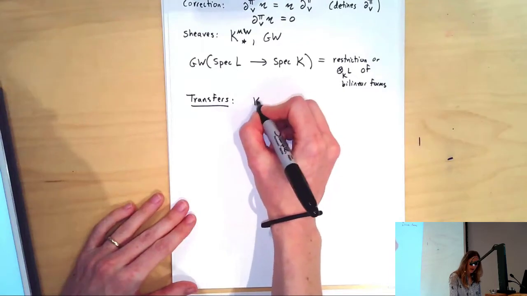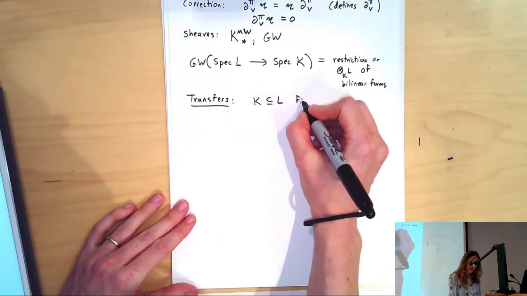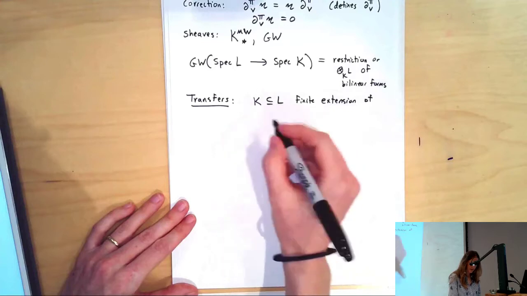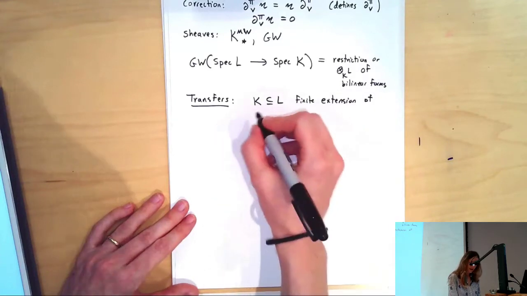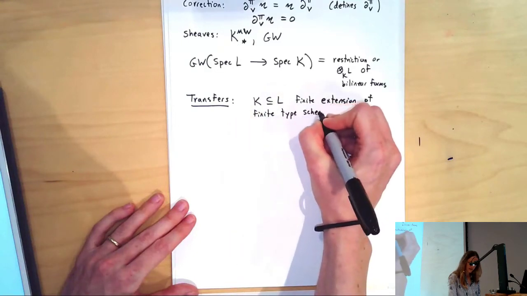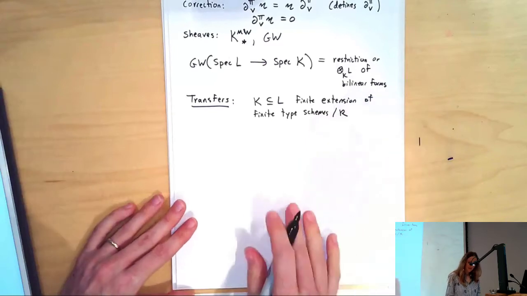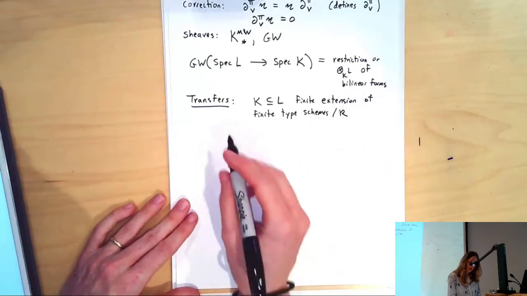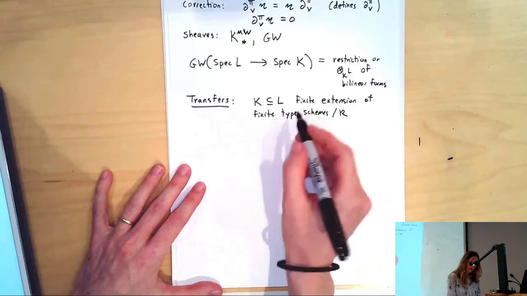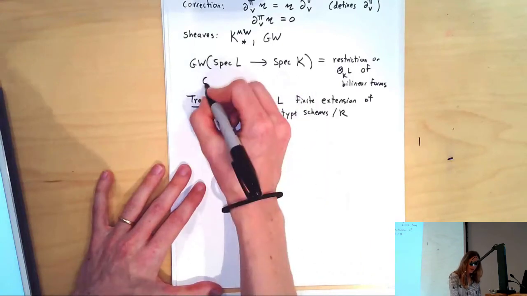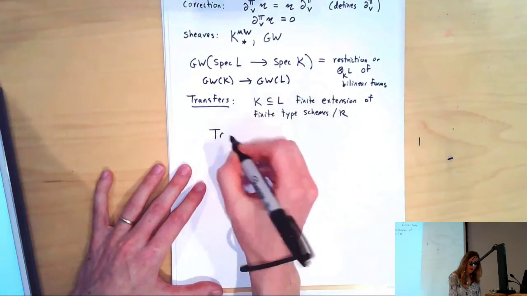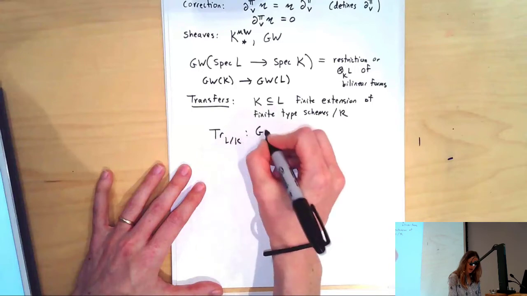So let's take K and L, finite extension of finite type schemes over K. This leads to maps in the other way, not from the Grothendieck-Witt group of K to the Grothendieck-Witt group of L, but transfers L over K in the other direction.